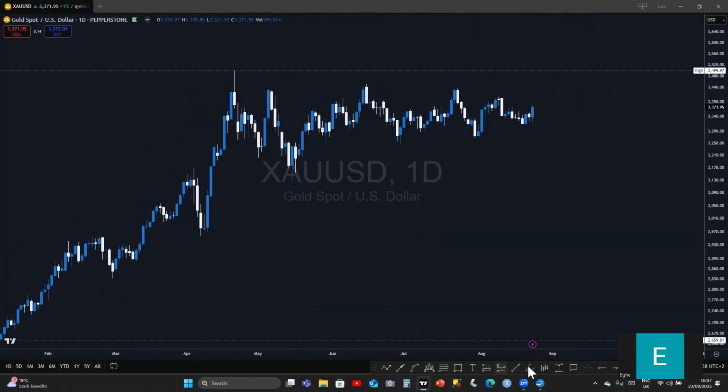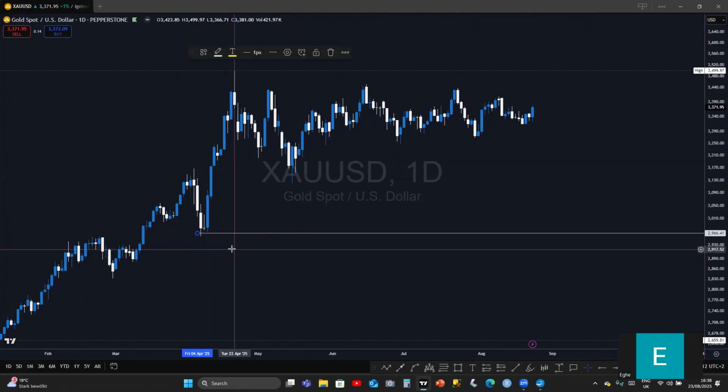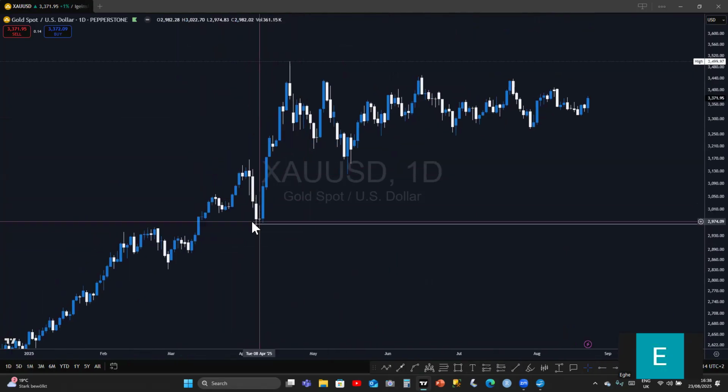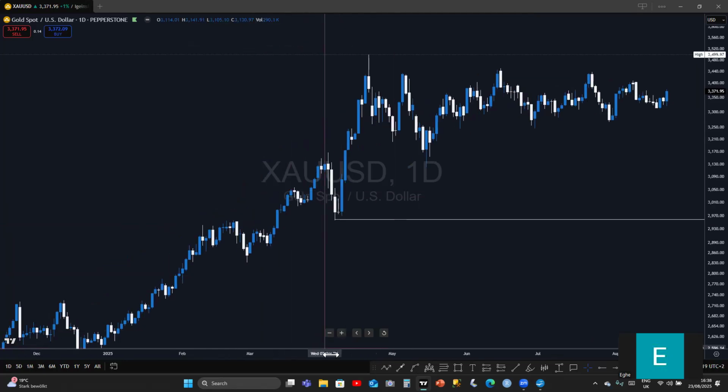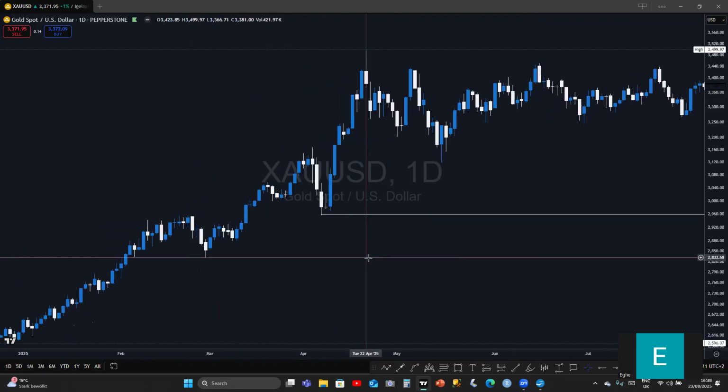Now, this is the low that price created here. This very one, price created this low. Because once you are doing your top-down analysis, you single out the last support level.